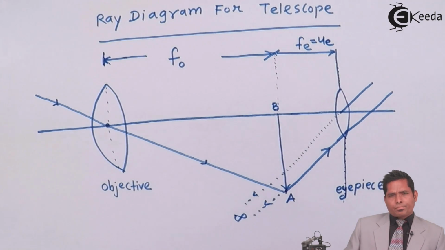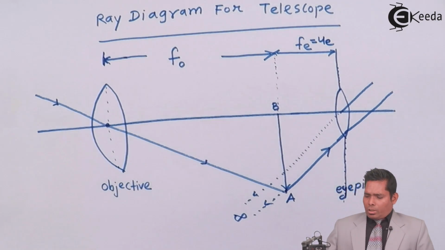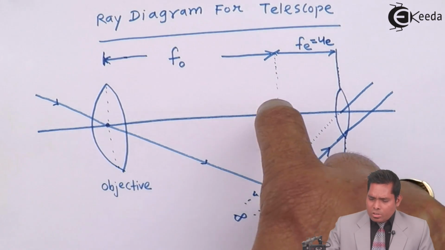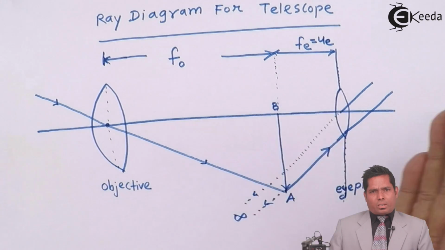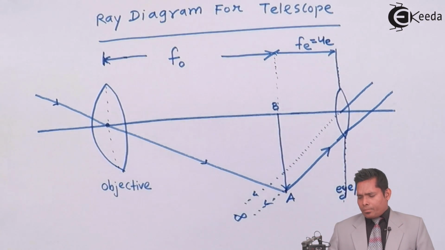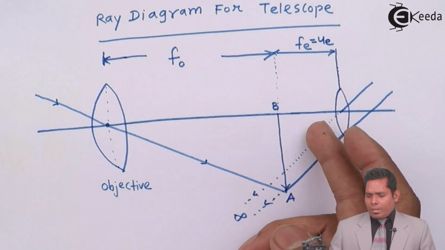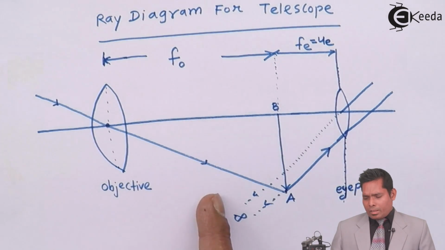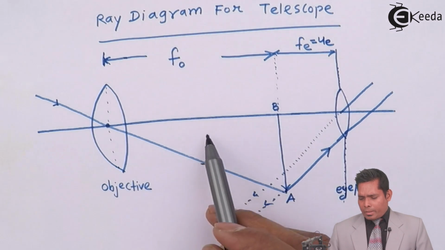If the image is formed within the focus of the eyepiece, then we'll have a virtual image here, inverted, and at this point somewhere here.